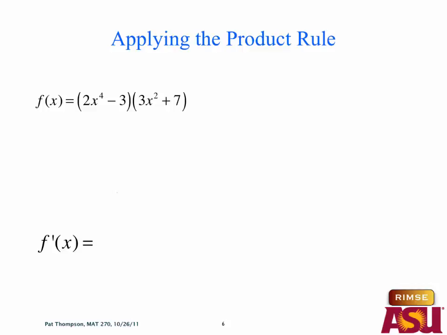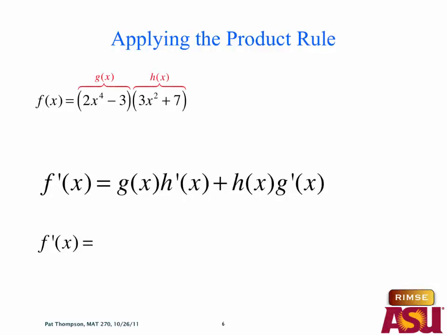And the product rule says that we're going to need to see this as two functions multiplied together, and so we're going to need the rate of change of each, right? And in the end, if it's a product, the solution is going to be of this form: first times the rate of change of the second plus second times the rate of change of the first.